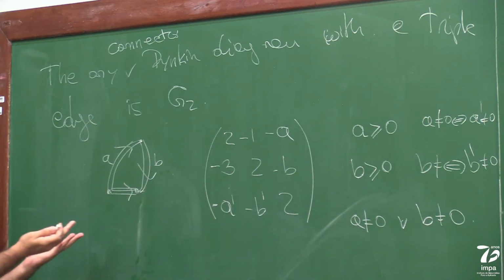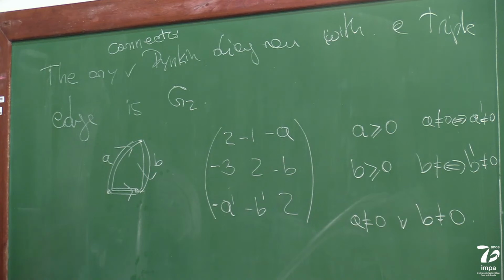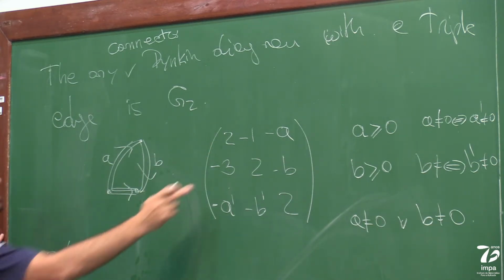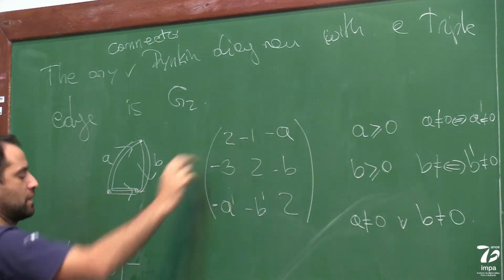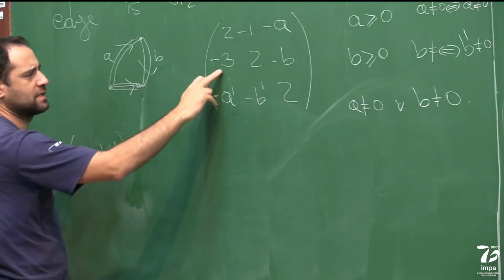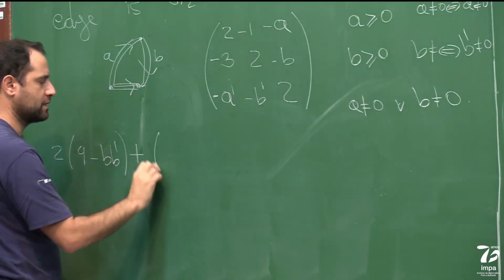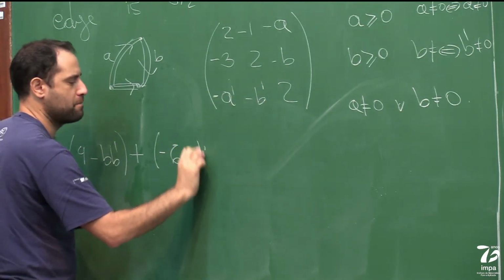So let's compute the determinant of this thing. This accounts for all possible ways of joining these things. And the determinant, well, let's just compute it. It's 2 times the determinant of this matrix, which is 4 minus BB prime, minus, so that's a plus 1 times the determinant of this matrix, which is going to have a minus sign anyways. So it's minus 6 minus BA prime.